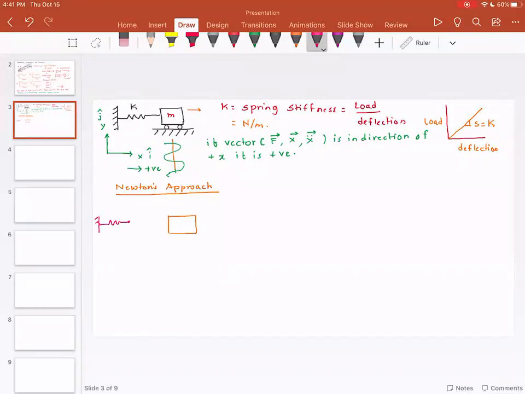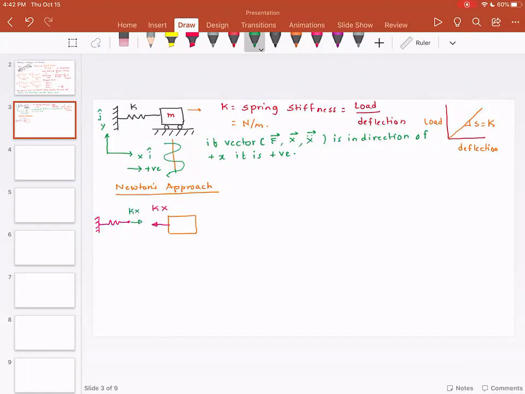So clearly, when the mass is pulled towards the right, you're gonna have the spring force, which is going in the opposite direction. So this is the force on the mass, and this is the force on the spring.